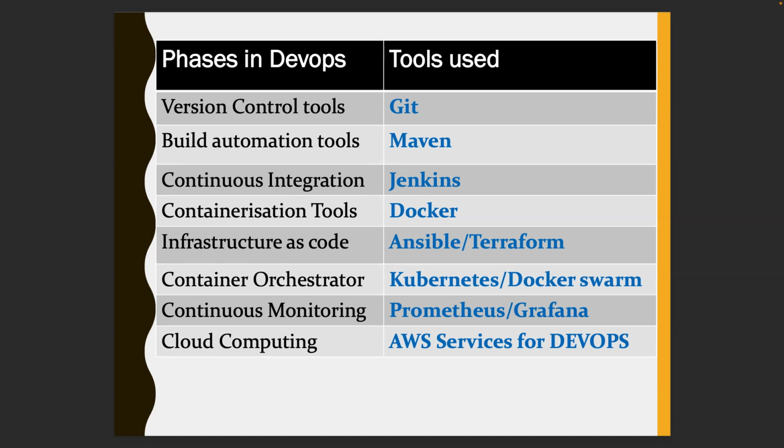Once you complete this course, by the end you'll be able to implement DevOps on any platform. That will help you work for multi-cloud as well. Yeah, I already worked on that as a DevOps engineer.